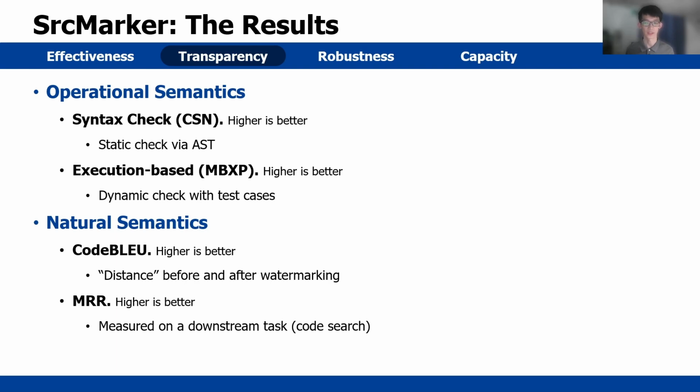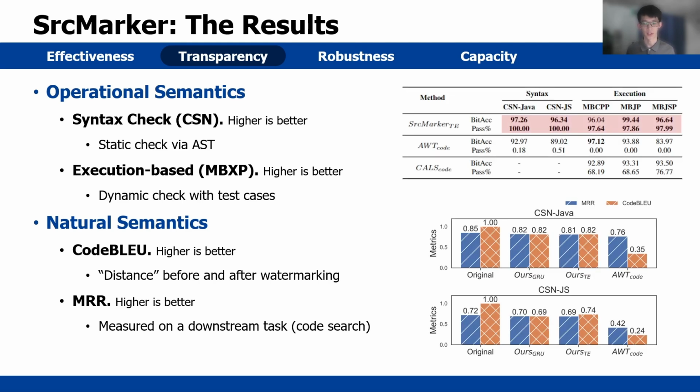The CodeBLEU measures the distance between code before and after watermarking, and MRR is calculated on a downstream task, code search, since we expect the watermarked code to remain consistent with its original natural language description. Results show that SrcMarker well preserves both operational and natural semantics, outperforming the baselines.